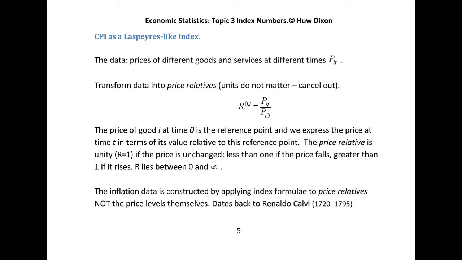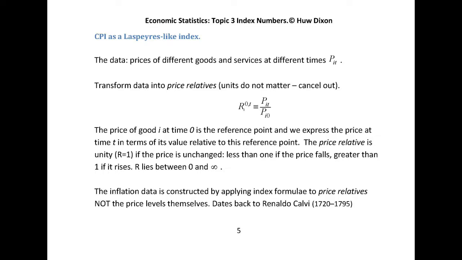That's the first step. So r_i superscript 0t, r_i is the price relative for good i, using the base year 0 at time t. That's defined as simply the ratio p_it divided by p_i0. p_it is the price of good i at time t divided by p_i0, the price of good i at time 0, the base price.